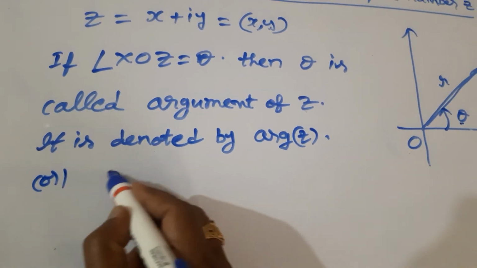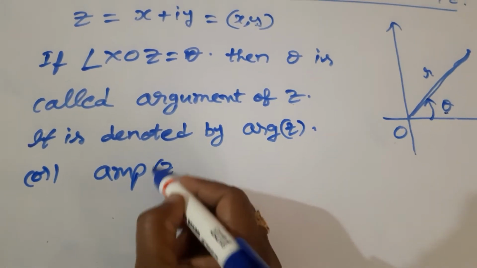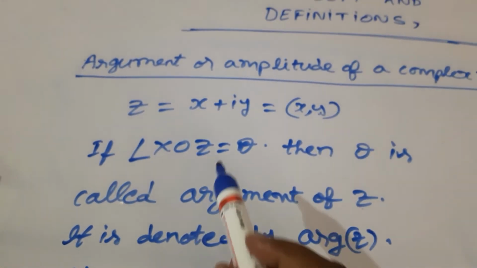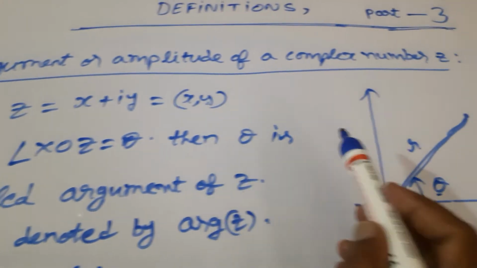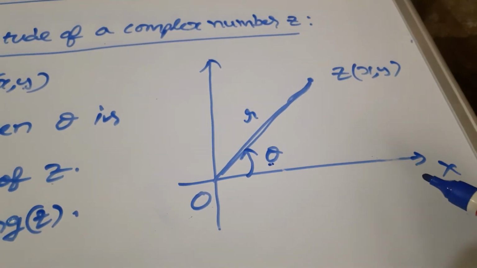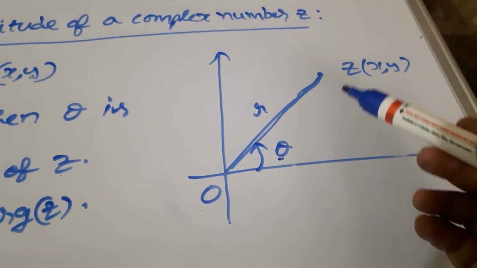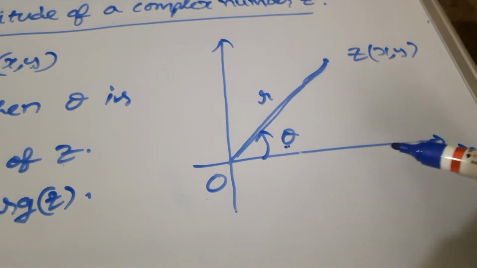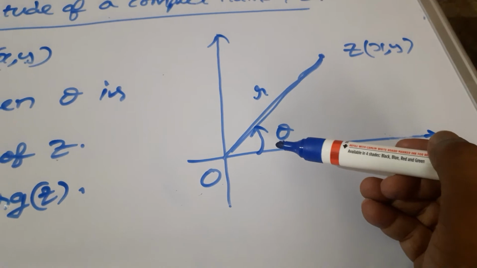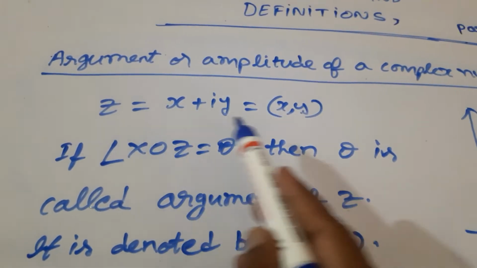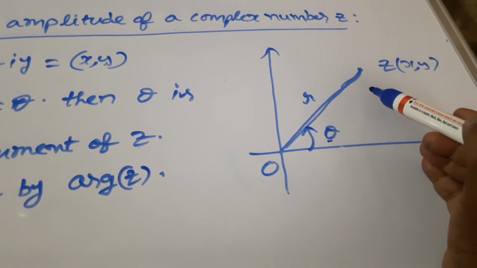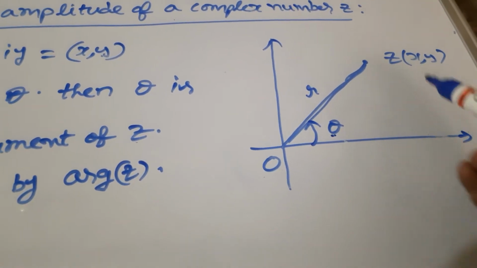Amp z means amplitude of z. So what is argument or amplitude? If z is equal to x plus iy be a complex number in the complex plane, then the angle subtended by OZ with positive direction of x-axis, that is angle XOZ equal to theta, is called argument or amplitude of the complex number z.